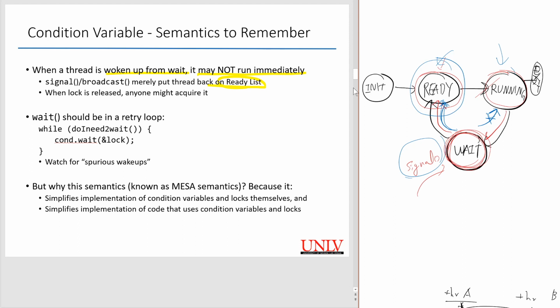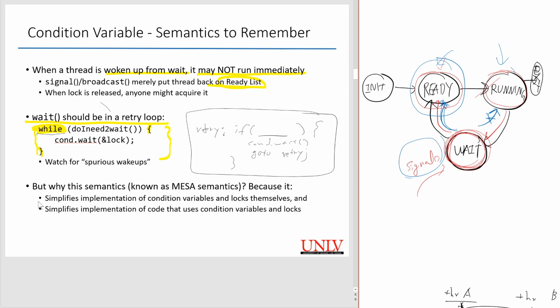So you should not expect that signaling implies that the signaled thread executes right away. Wait should be in a retry loop. Again, another emphasis here. You can write your retry loop using while in C, or you can just use a goto statement to retry. You can write code like this as well.